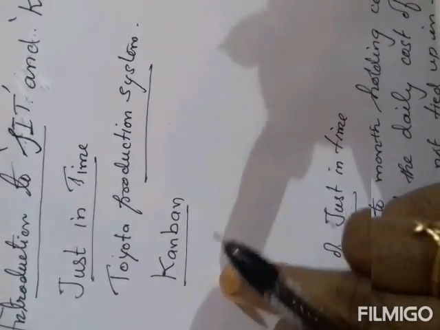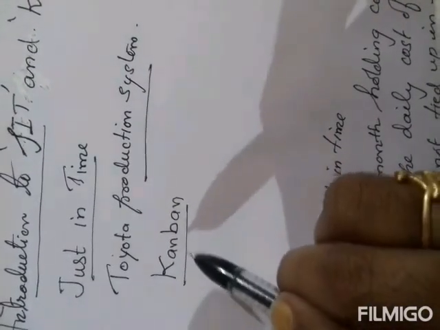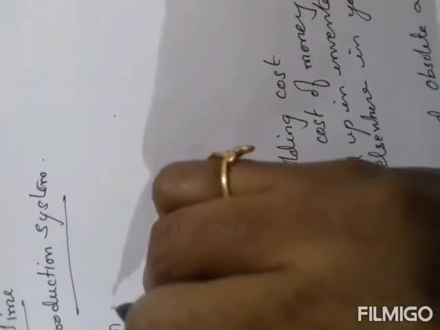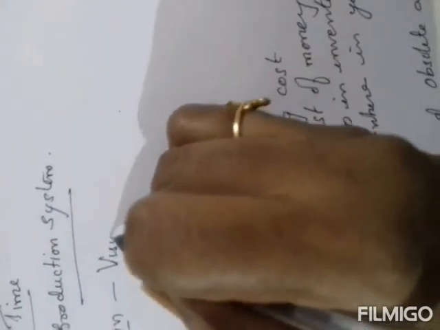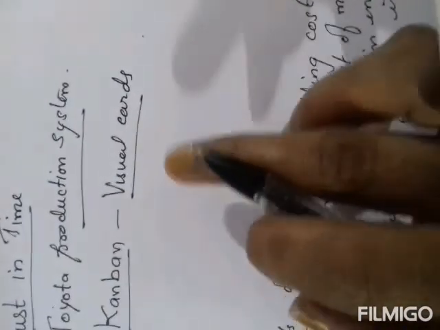This is a Japanese term, a compound word: Kan and ban. Kan means visual, and ban means card. So literally, Kanban refers to a visual card.